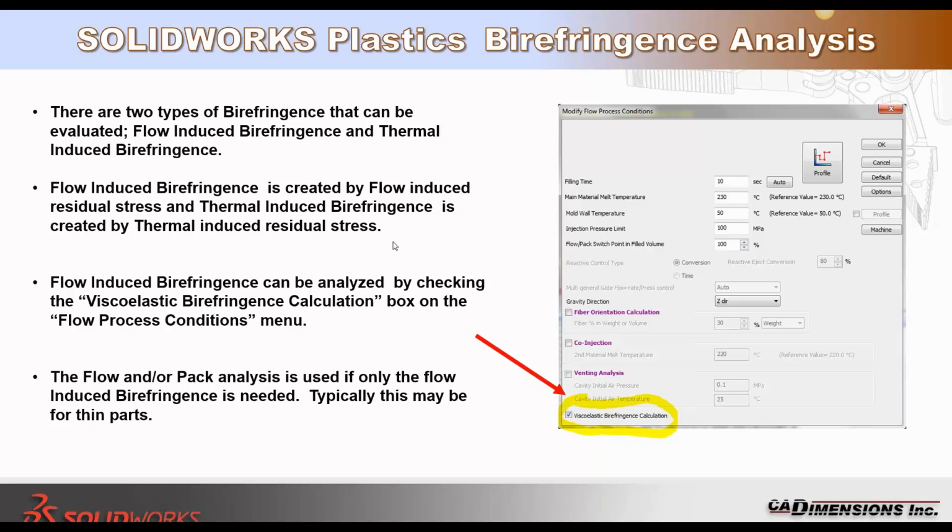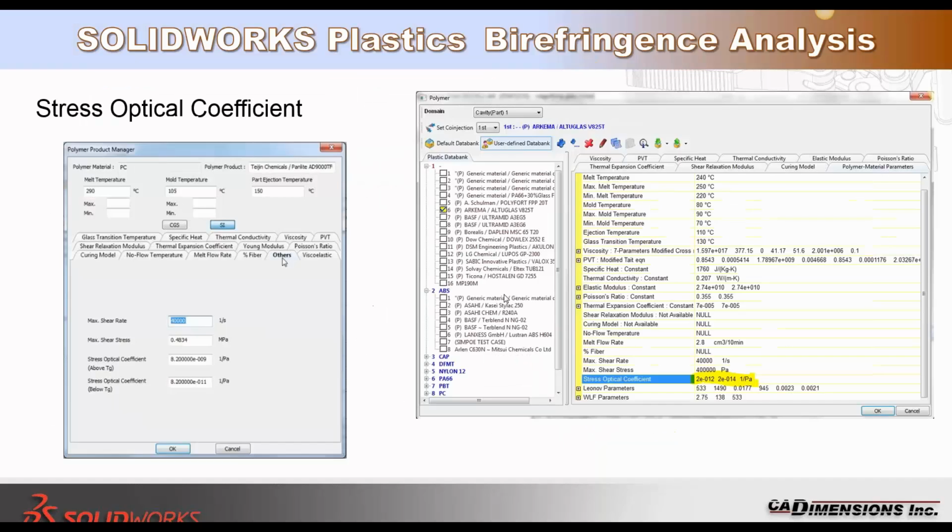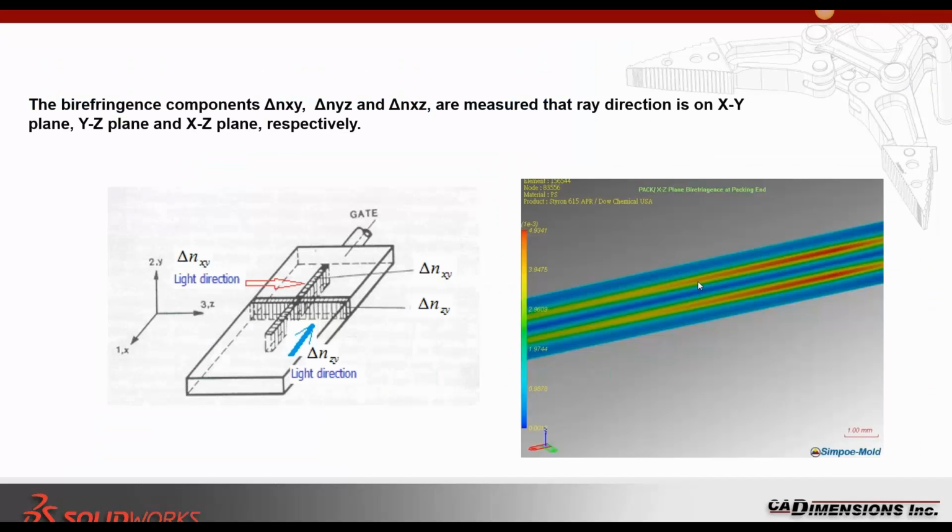So we did get a question: is there a view that will simulate the visual results of looking at a part between cross polarized, similar to the photo you showed earlier in the presentation? So I'm assuming you're talking about this.